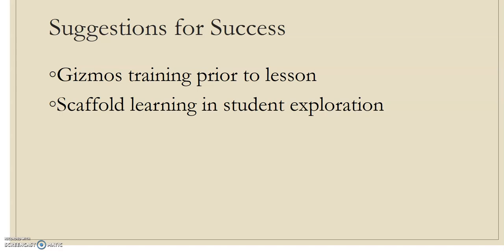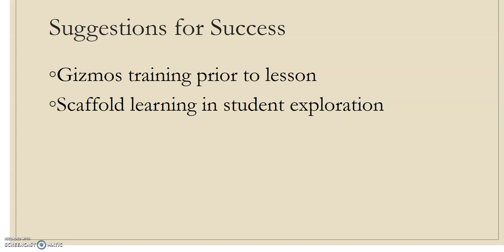While this lesson has not yet been implemented, there are suggestions for success. It is very important that students have received training prior to this lesson in order to be most beneficial for all students. It's important that students know how to navigate through Gizmos and create an account for their specific class. It is also important that the scaffolding is present in the student exploration.